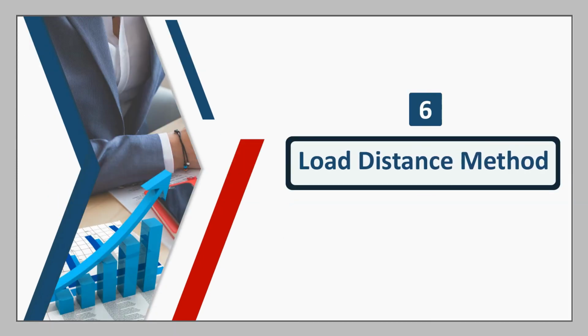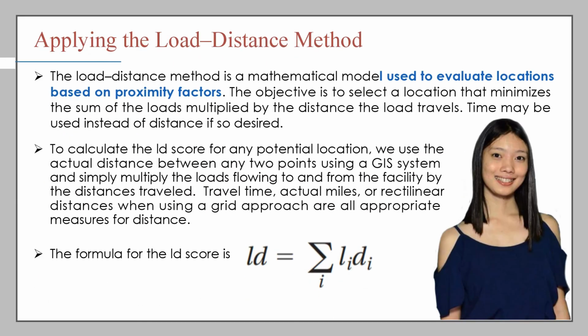The load distance method. The load distance method is a mathematical model used to evaluate location based on proximity factors. The objective is to select a location that minimizes the total weighted loads moving into and out of the facility. The distance between 2 points is expressed by assigning the points to grid coordinates on a map. Depending on the industry, a load may be shipments from suppliers, shipments between plants or to customers, or it may be customers or employees traveling to and from the facility.